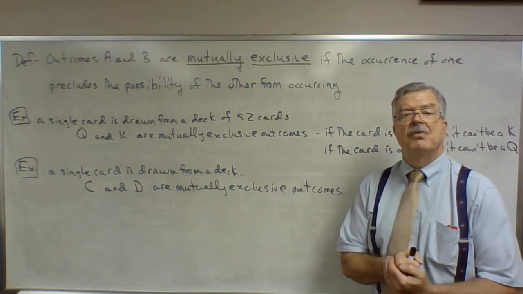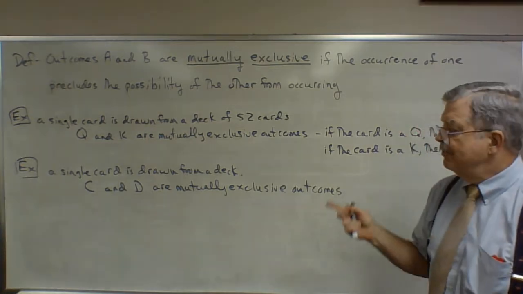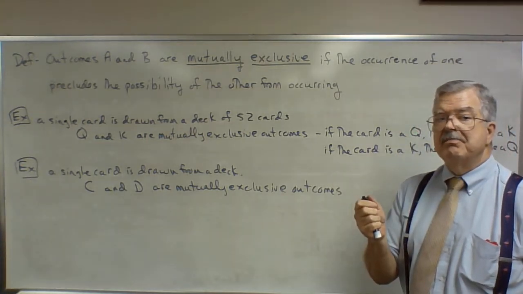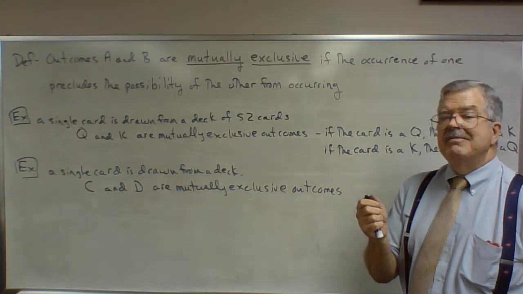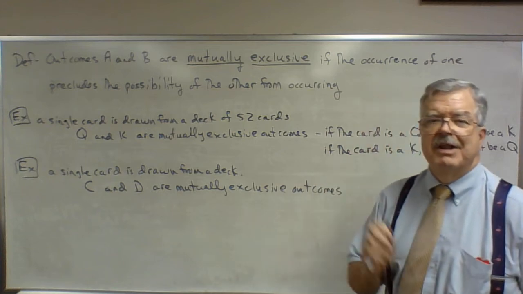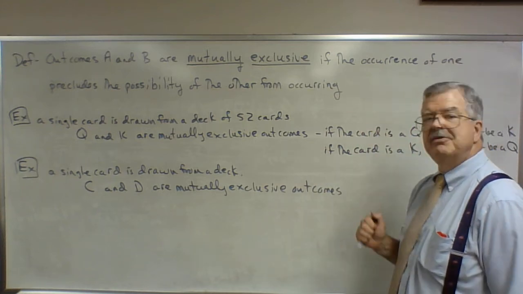The occurrence of one makes the other an impossibility. So drawing a single card from a deck, if that card is a club, then that card also being a diamond is an impossibility, and vice versa. They are mutually exclusive outcomes.